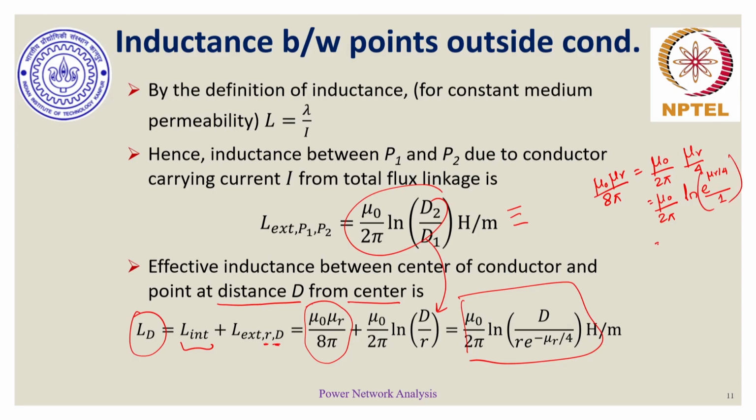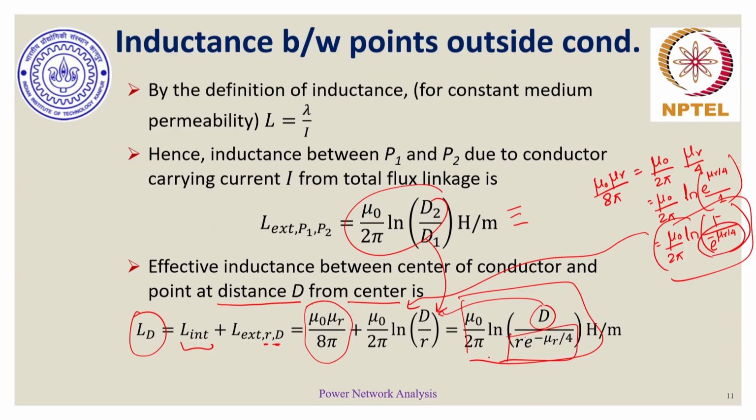This could also be rewritten as mu naught by 2 pi natural log of 1 by e to the power minus mu r by 4. Now if I try to add this term with the term sitting over here, then essentially I would get d as the same d which is present over here. D into 1 is d, and r into e to the power minus mu r by 4 is this particular term. So that's how the corresponding net inductance expression can be evaluated.